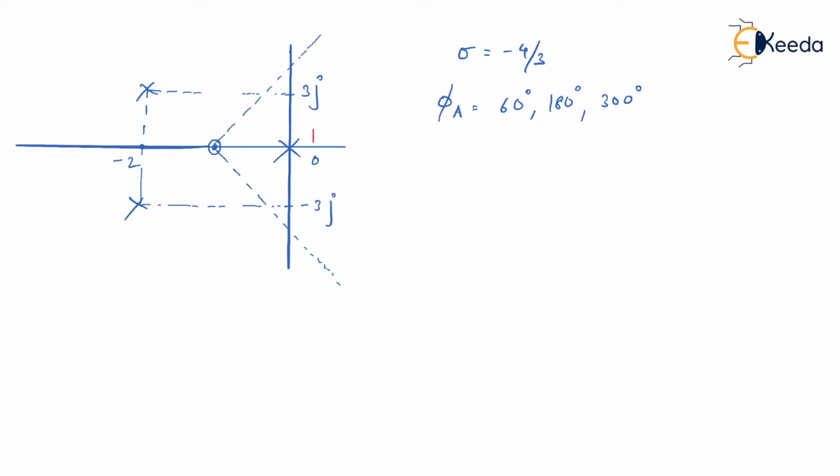Let's say this is pole number 3, this is pole number 1, and this is pole number 2. Pole number 3 is traveling to infinity at 180 degrees. So I got one of the branches clearly. It is moving in this direction, isn't it?